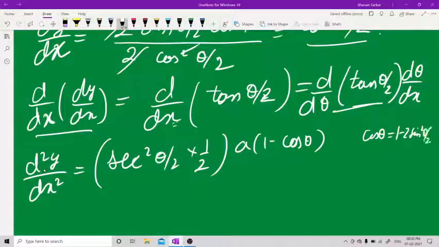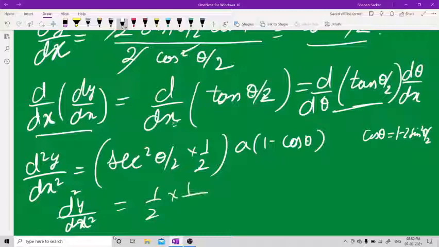So d2y by dx2 is equal to half. Sec square theta is nothing but 1 upon cos square theta by 2 below.